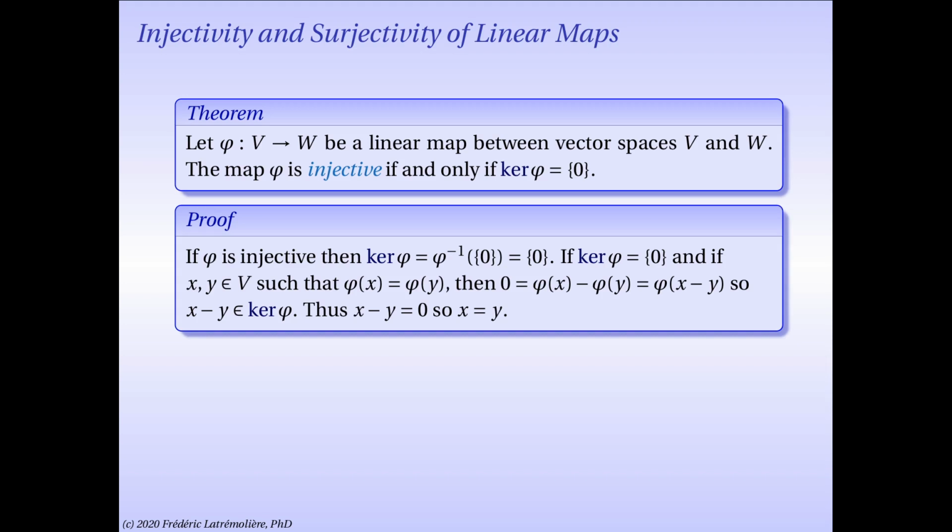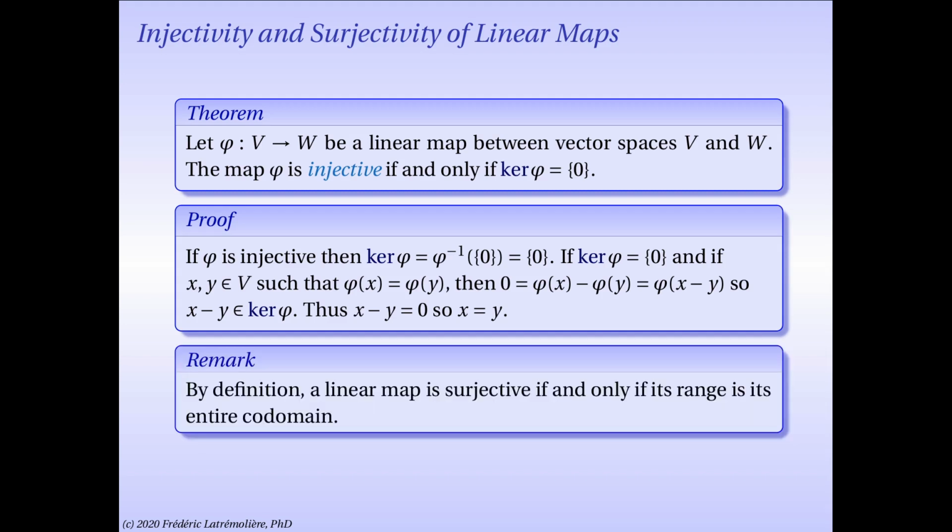What that means is that phi of x minus y is 0, so x minus y is in the kernel of phi. Now, since the kernel of phi is reduced by assumption to the singleton 0, x minus y must be 0. That gives us the result that x must be equal to y. So for any two vectors x and y, if phi of x equals phi of y, then x equals y. That's the definition of injectivity.